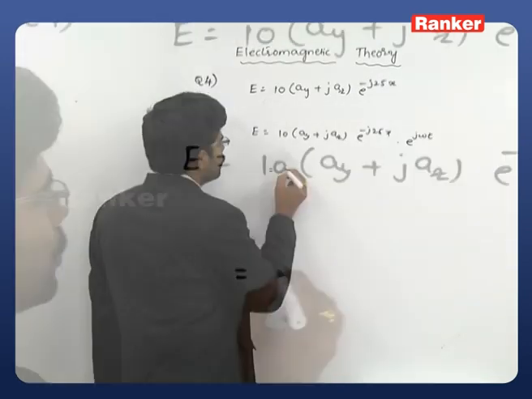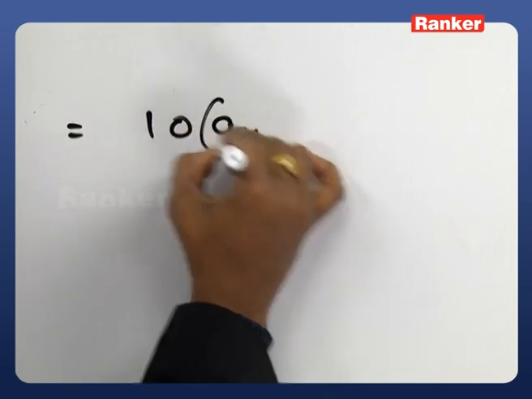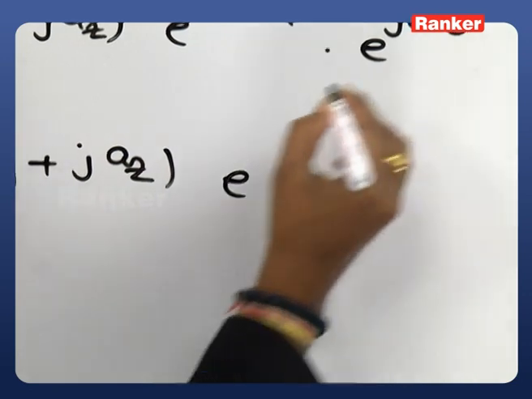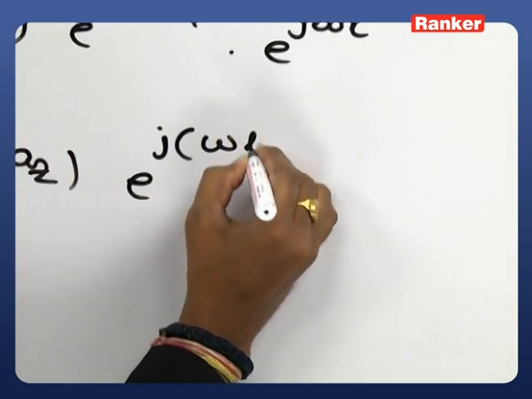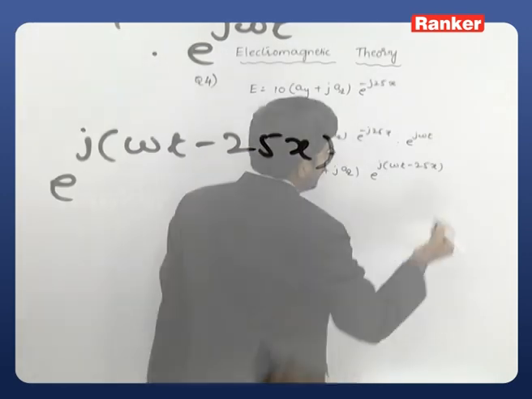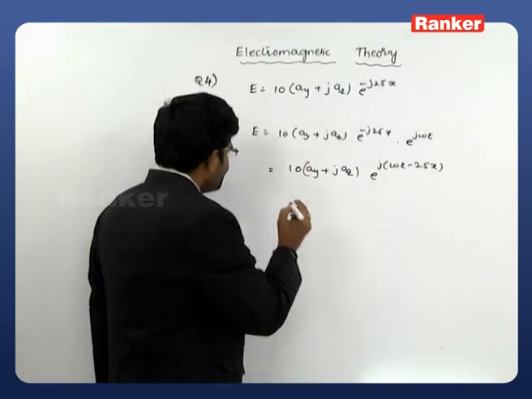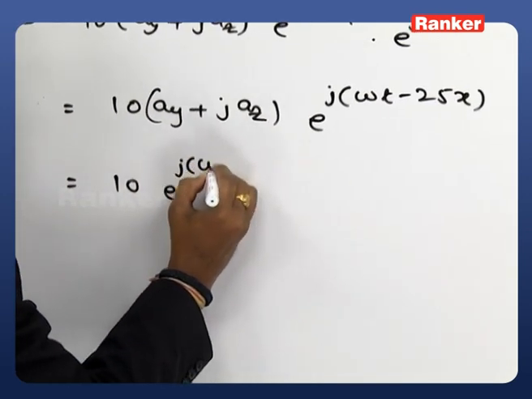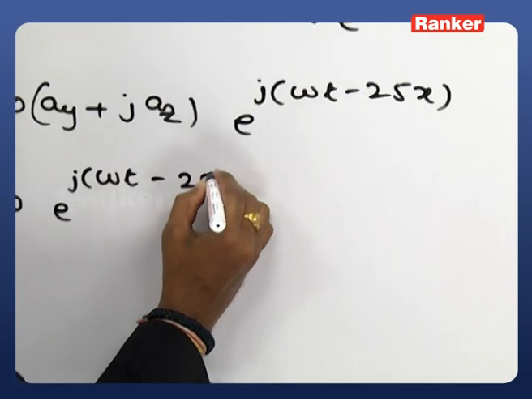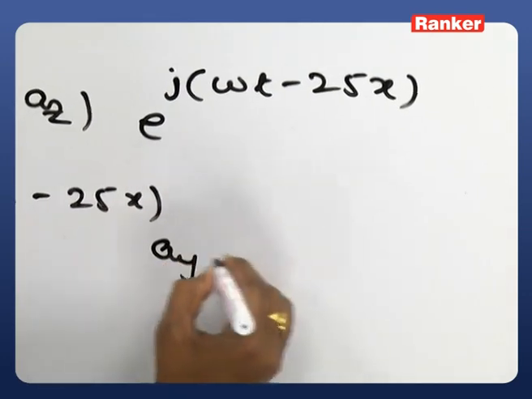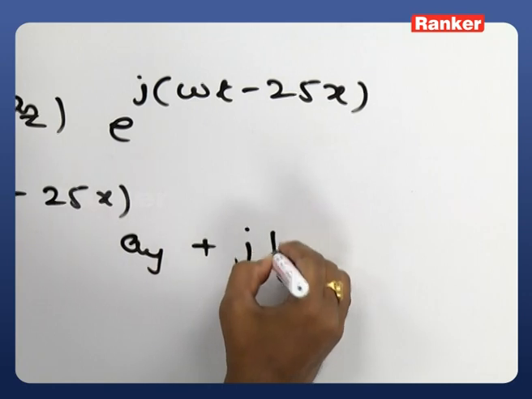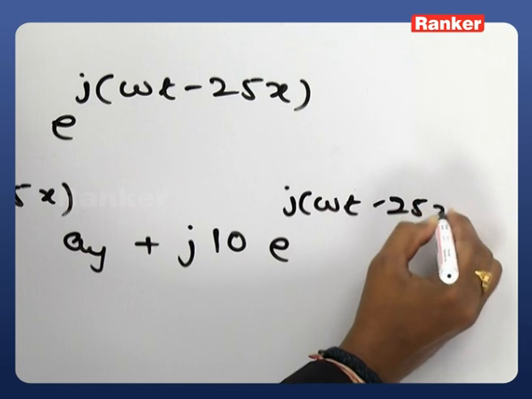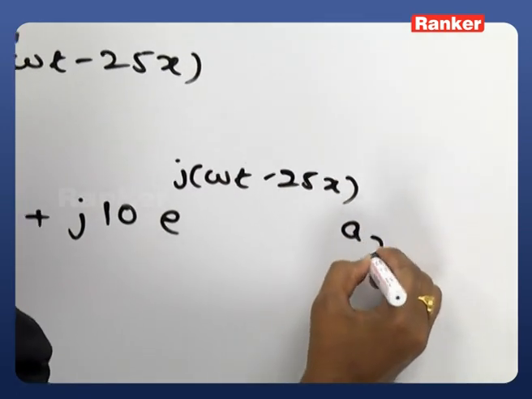Which is equals to 10 ay plus j az. Here I am considering this as a single exponent, e power j omega t minus 25x, and then distributing this quantity: 10 e power j omega t minus 25x ay plus j 10 e power j omega t minus 25x az.